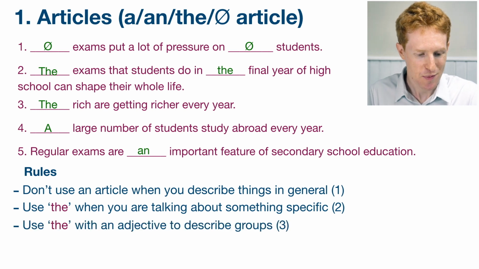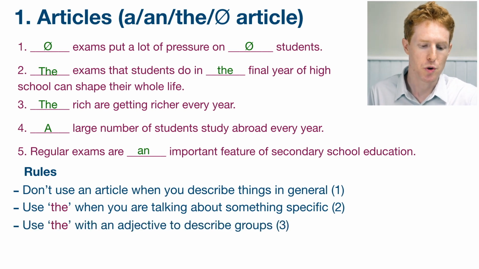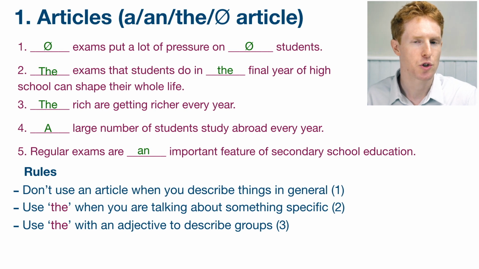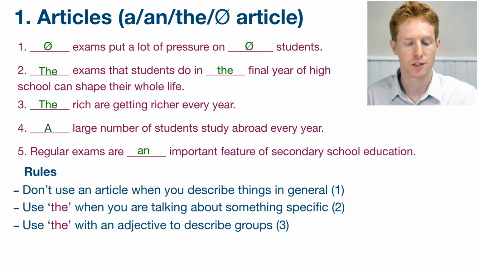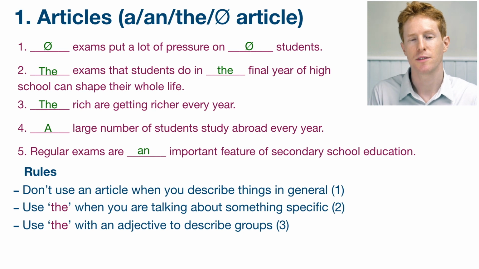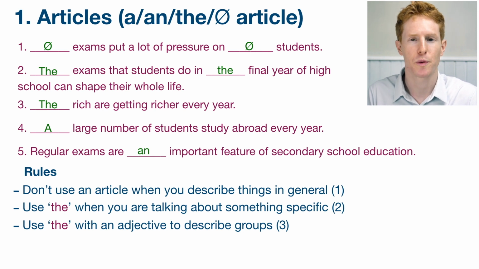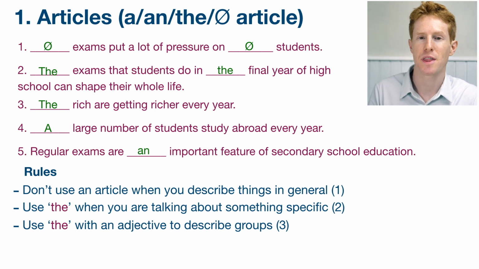Number 3, or rather rule number 3, use the with adjectives to describe groups. And you can see that in sentence number 3. We're saying the rich are getting richer every year. So rich is an adjective, but by putting the before, we're talking about people who are rich, the rich. And we can use this with any adjective.